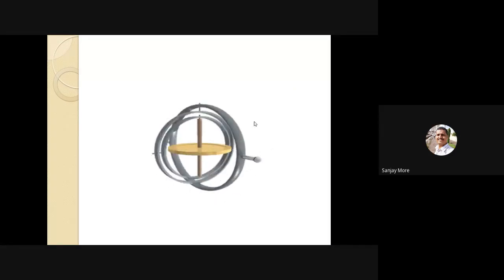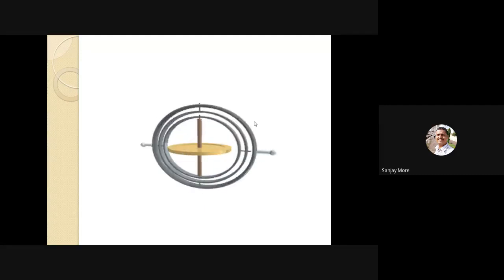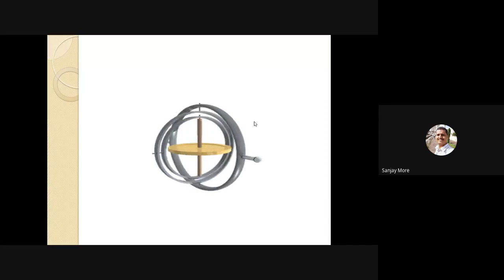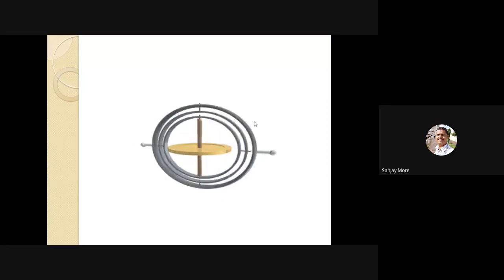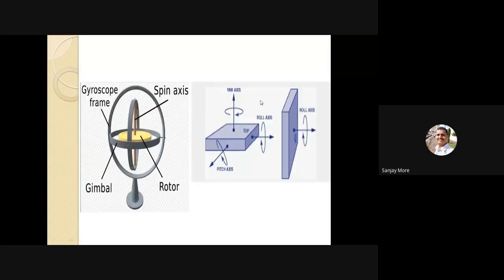Actual working of gyroscope. Draw only the 2-dimensional diagram. Draw this diagram.